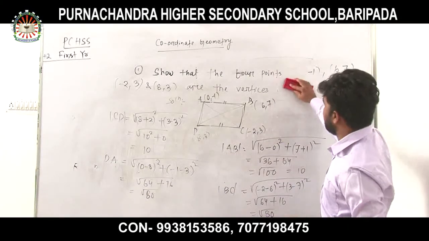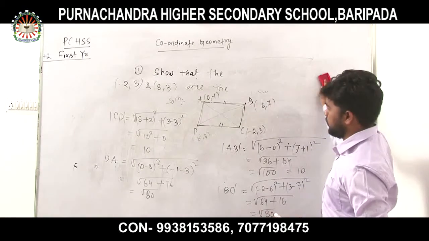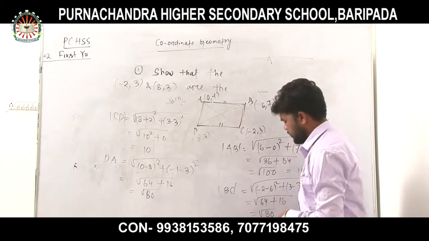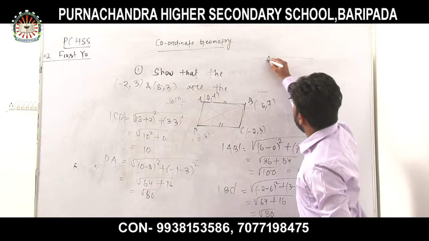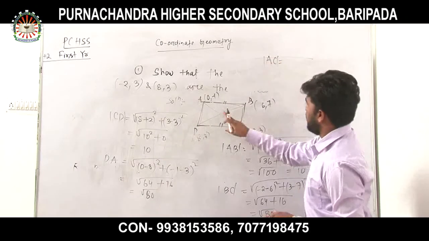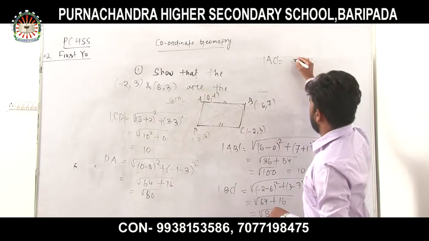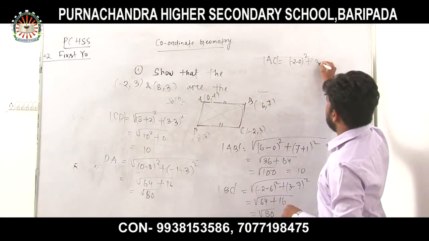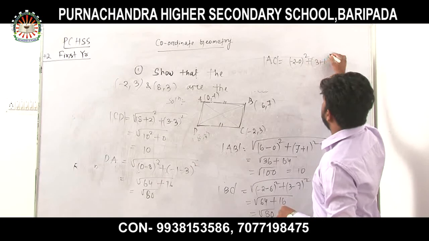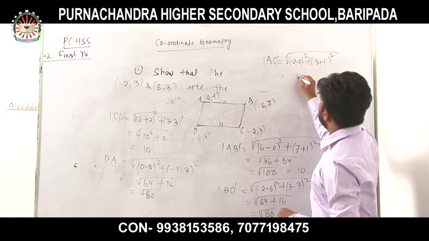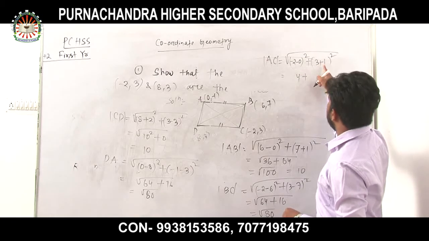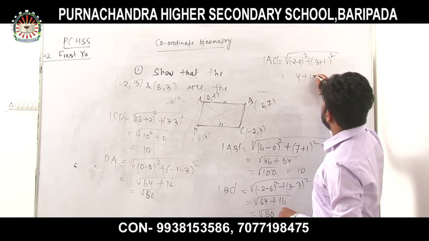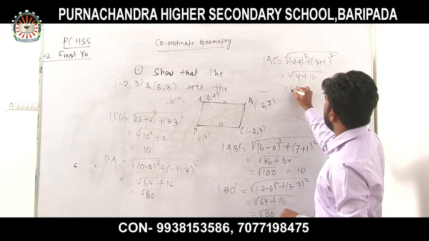AC equals (-2 minus 0) square plus (3 minus (-1)) square, that is 2 square, 4, plus 4 square, 16, so it is root 20. Okay.